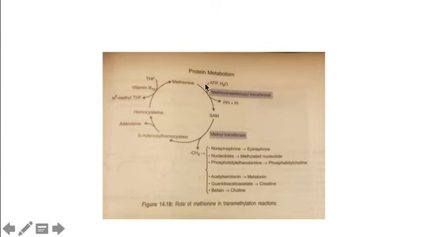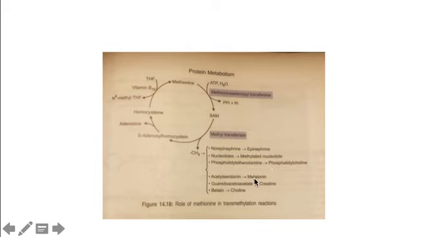So here you can see the methionine, in the presence of methionine adenosyl transferase enzyme, where ATP is utilized, gets converted to S-adenosyl methionine, and then it is a methyl donor. In the presence of methyl transferase enzyme it leads to the formation of a number of products: norepinephrine, phosphatidylcholine, right?